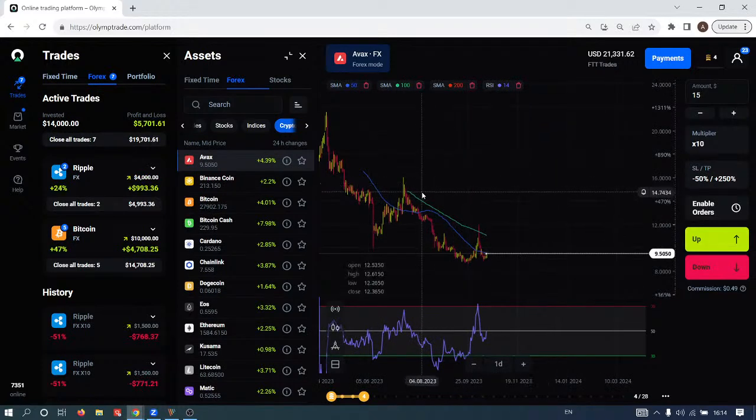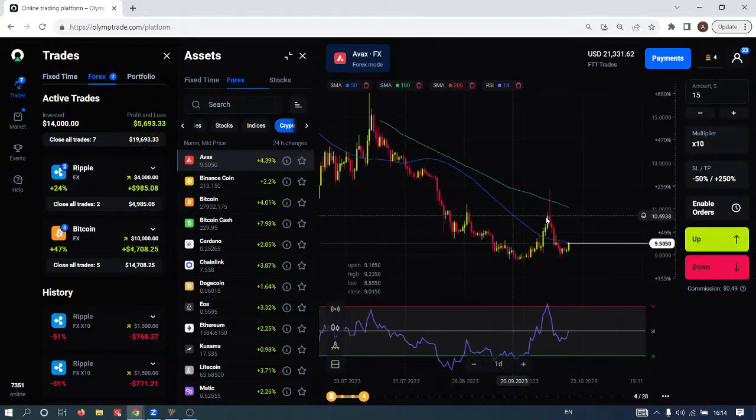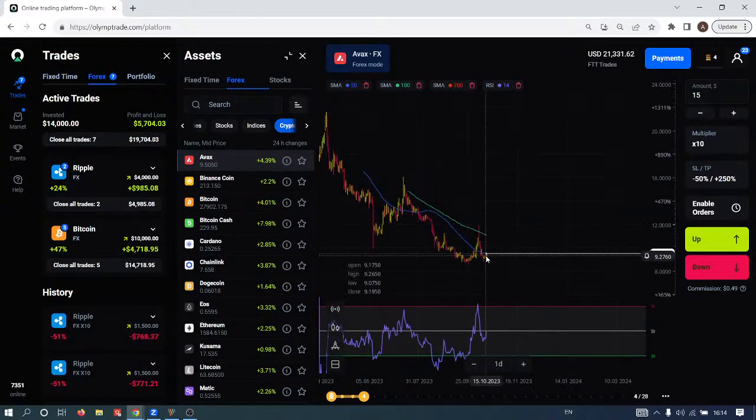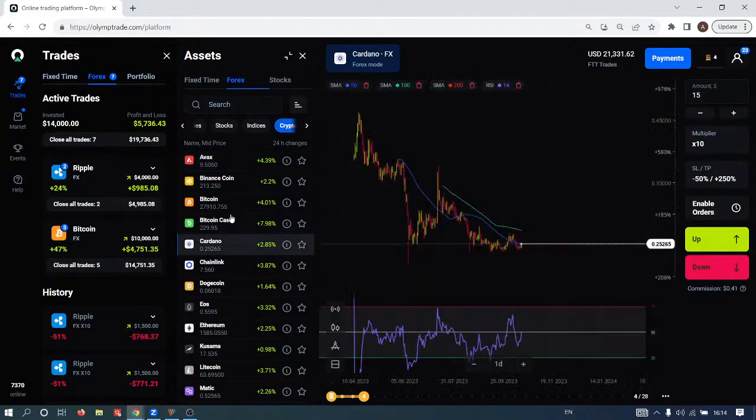Now, since I started talking about cryptos, I think many cryptos have a lot of potential in terms of this reversal and a potential run towards some previous highs.